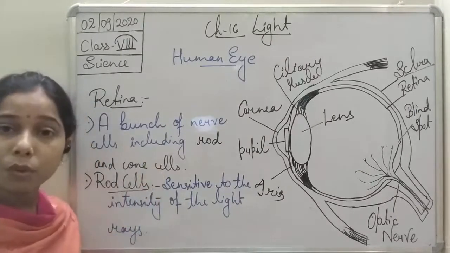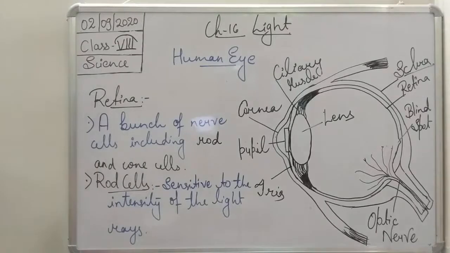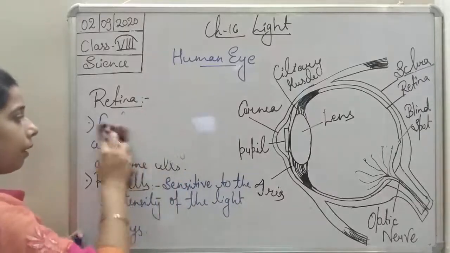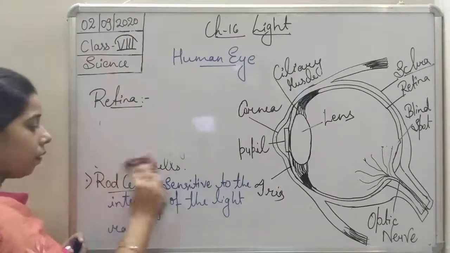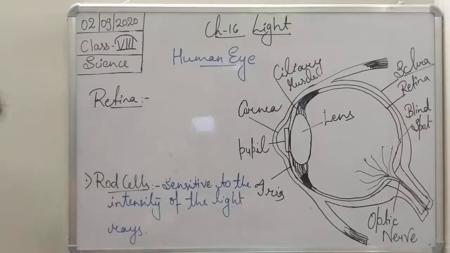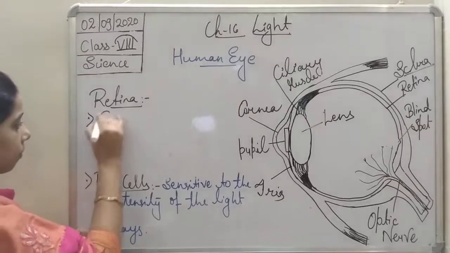What about the cone cells, students? If we talk about the cone cells, these cone cells are also very sensitive, but they are sensitive to the color. You can write it, cone cells.